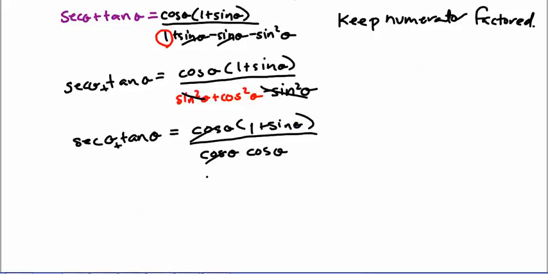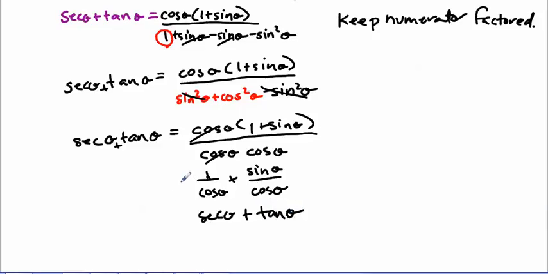So 1 over cos theta plus sine theta over cos theta. 1 over cosine theta becomes your secant theta, and sine theta over cos theta becomes your tangent theta. And then you just want to bring down the left side for each one. And you're done.